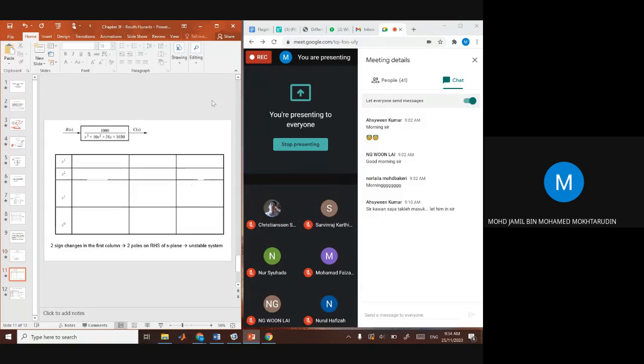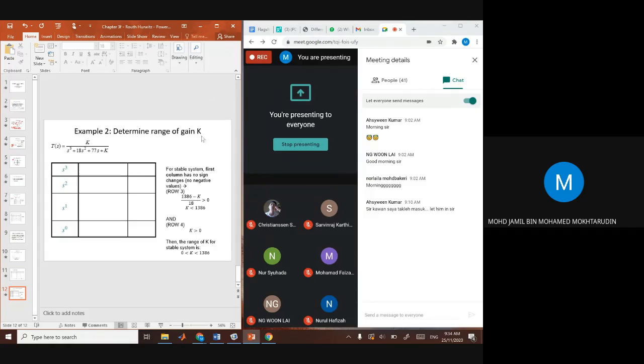And then some questions might ask you to determine the gain K. To determine the gain K, first you need to generate the Routh table and find the sign changes in the first column, and make sure that the first column has no sign changes. Okay, meaning that all must be positive. All rows in the first column must be positive. Then you can determine the range of K.